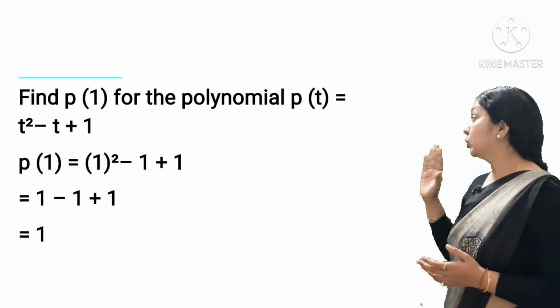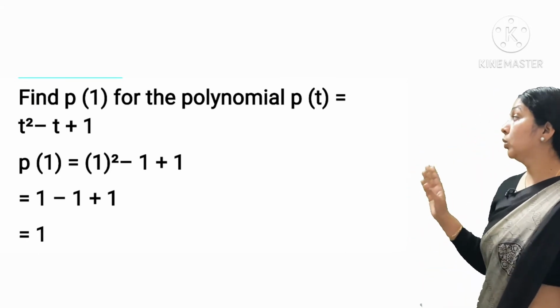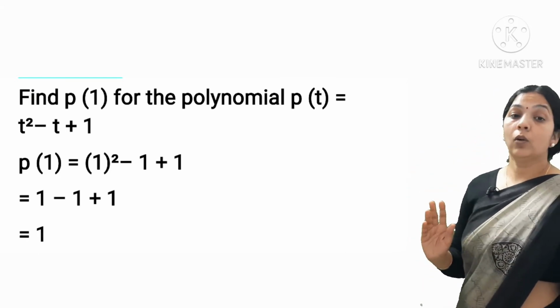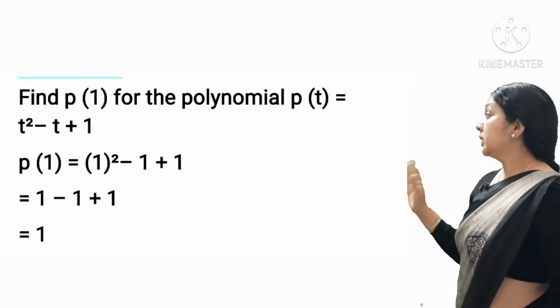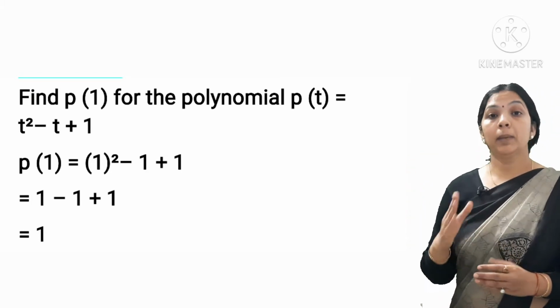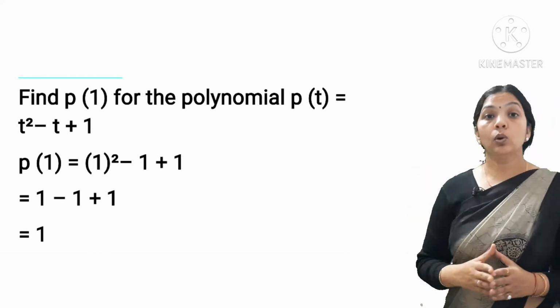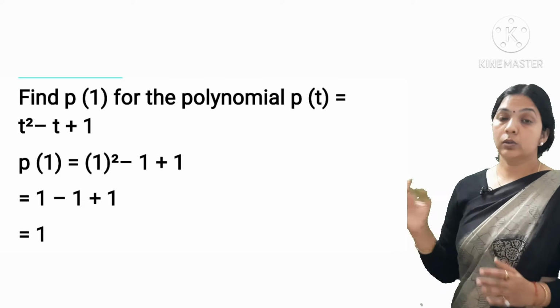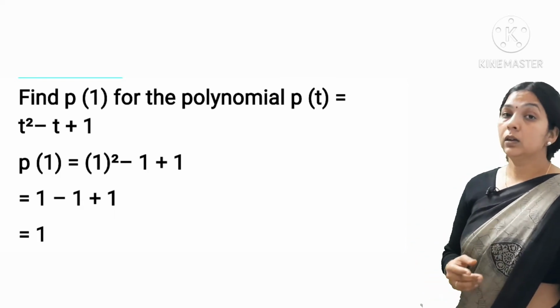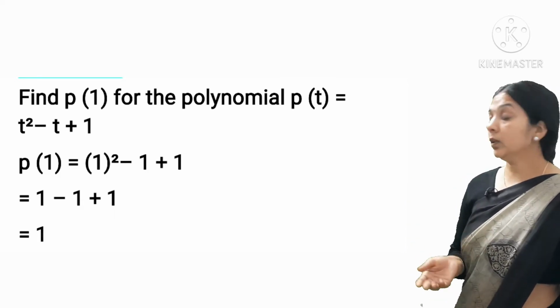It means we have to put the value of t is equal to 1 in the given polynomial. Now when we put t is equal to 1, it becomes 1 square minus 1 plus 1. So the result would be 1. So p(1) is equal to 1. So this is how we may find the different values of the polynomial.